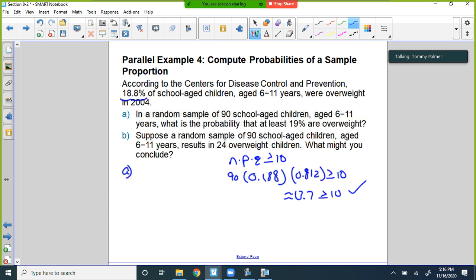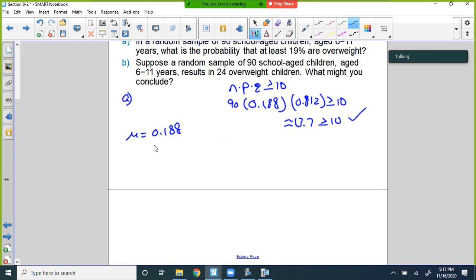All right. So we know that we have a mean of how much? 0.188, right? And then we got to find its standard deviation. Well, let's find the standard deviation of p hat, right? That would be the square root of p times q over n.